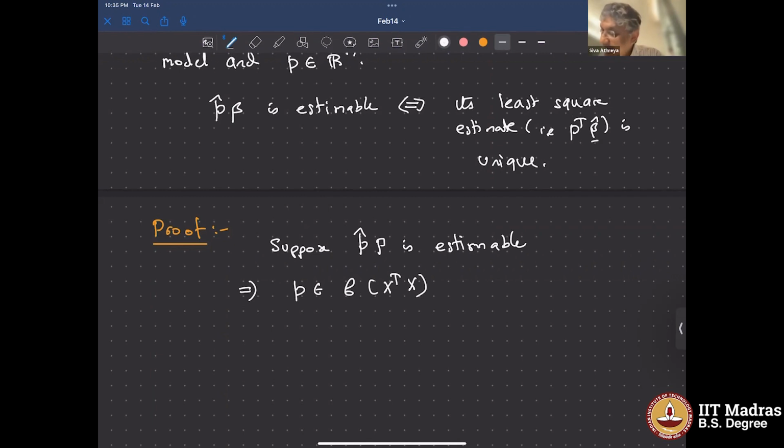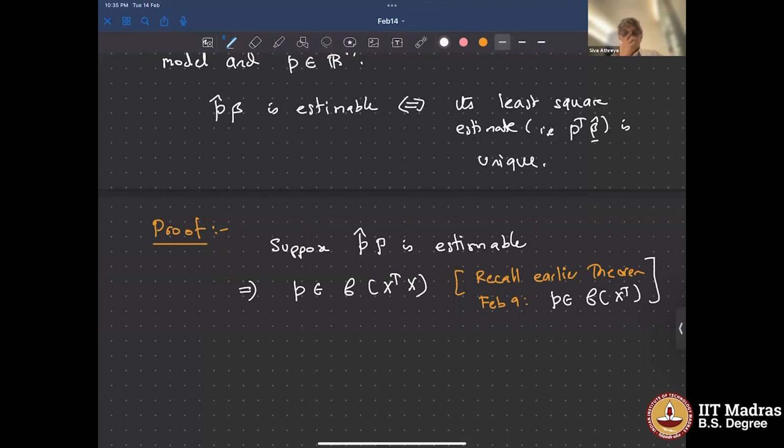Recall the earlier theorem from Feb 9th, where we said P has to belong to the column space of X transpose X. We have done this.